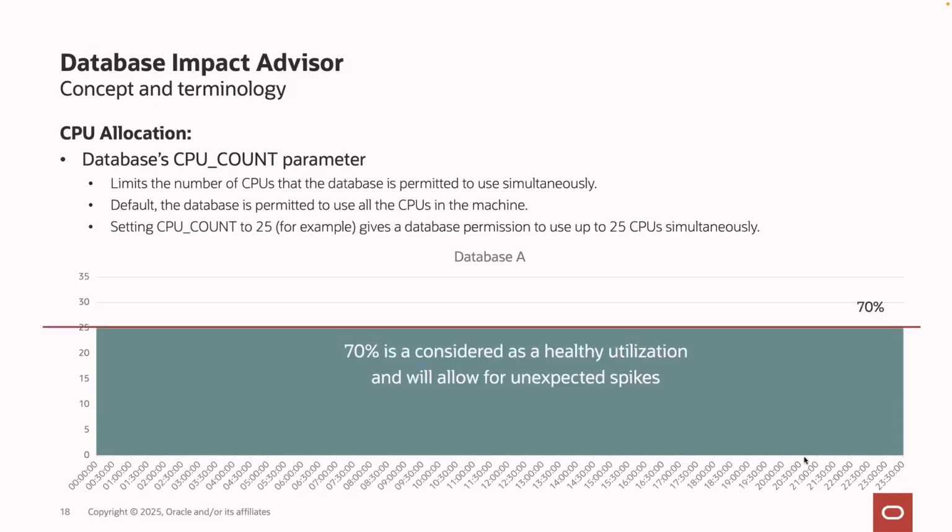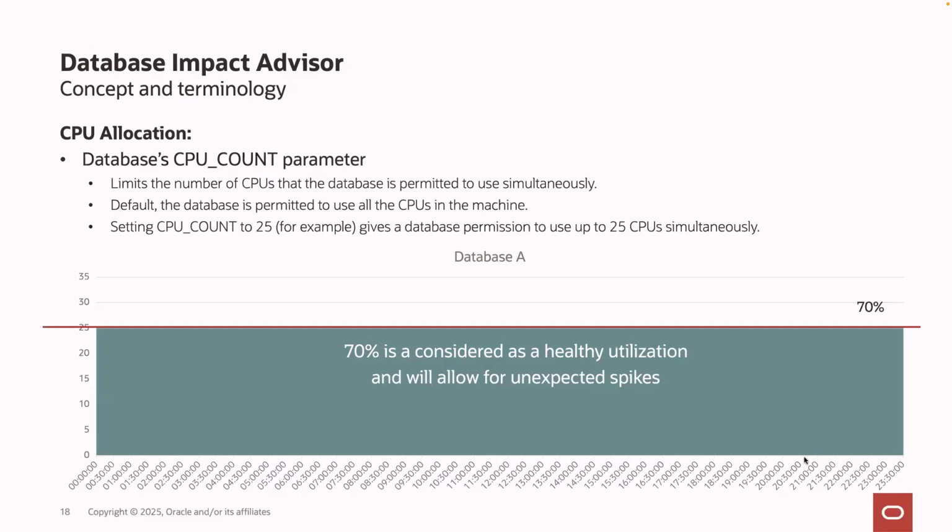Another thing that's also important to know is, where is a good limit on the database? We have a best practice saying that 70% is considered to be a healthy utilization. And that means the average. If you're peaking above and going beyond, that's not a problem.